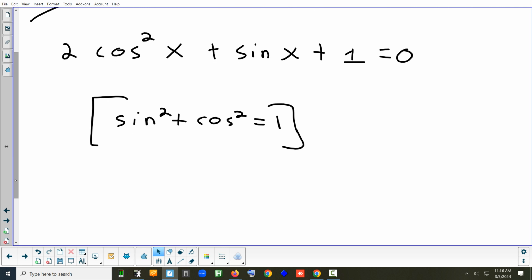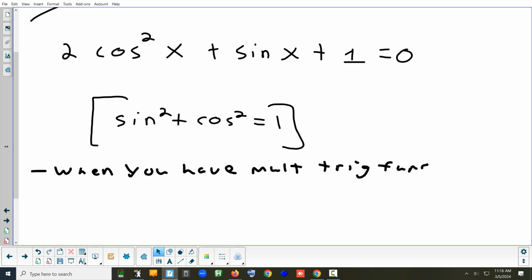So kind of another general hint. When you have multiple trig functions, and you want to get rid of one, the one you always want to get rid of is the one that is squared.